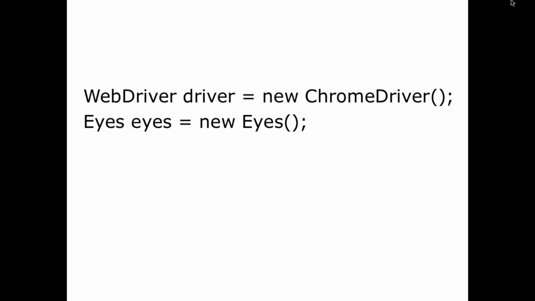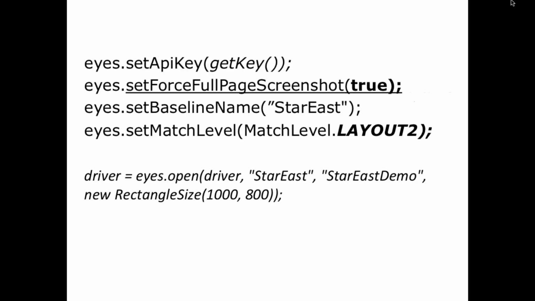The very first line of code I would enter: I've already instantiated my Chrome driver, so the next step is to instantiate the Eyes object. Eyes is the main object in the Applitools SDK, so this is what gives you all the methods. Once you have a reference to Eyes, you can access pretty much all the methods available for Applitools.